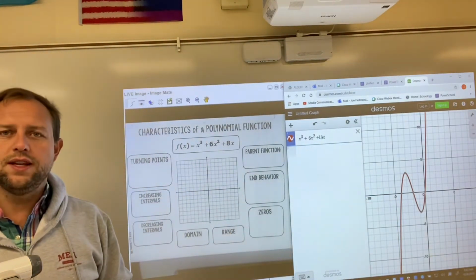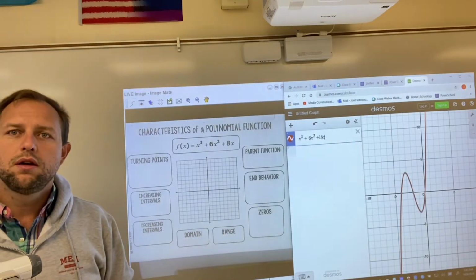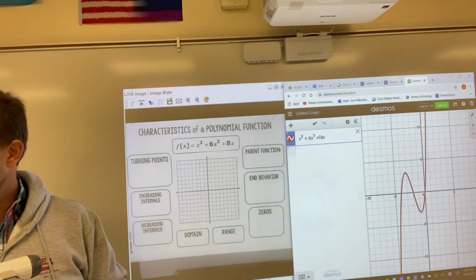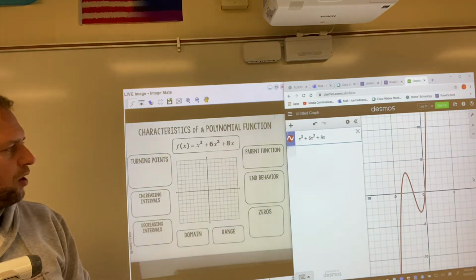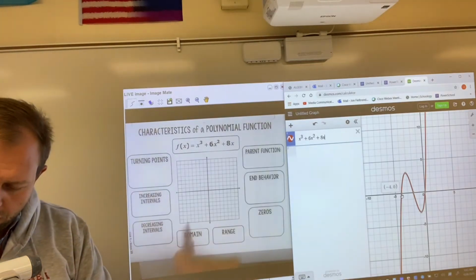First thing we're going to do is copy that graph over onto our paper. So we need to know where some of these points are. So I'm going to use my cursor, and I'm going to find that there's a crossing at -4, 0.